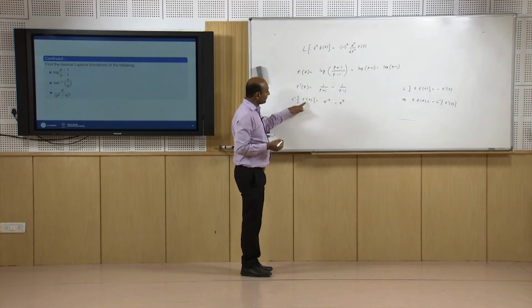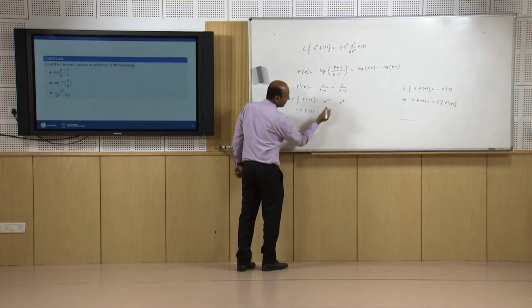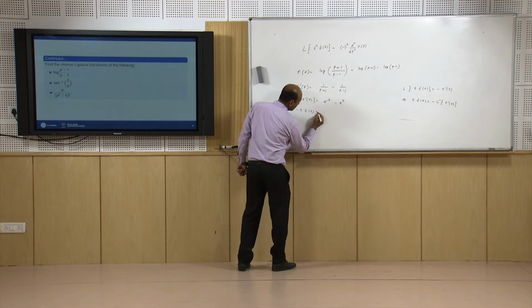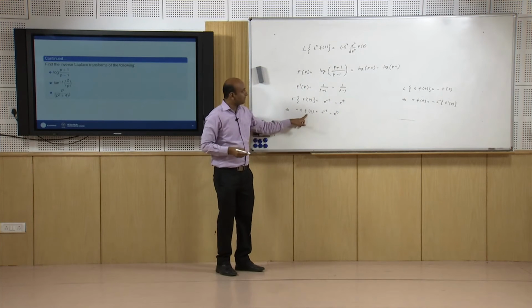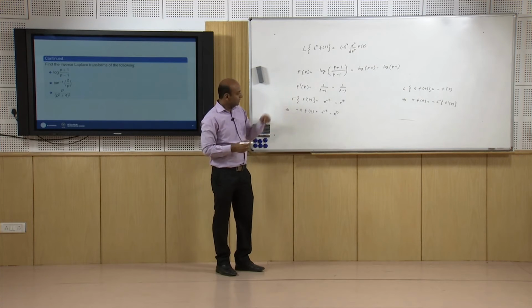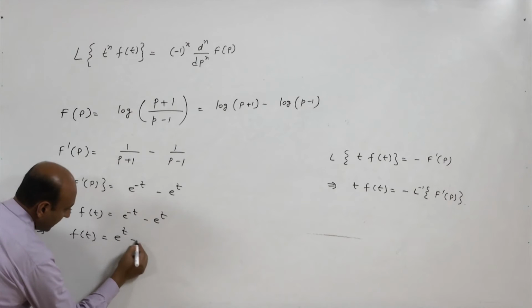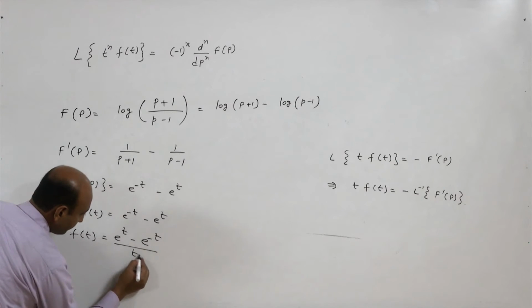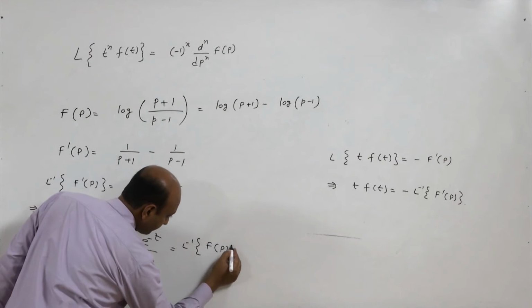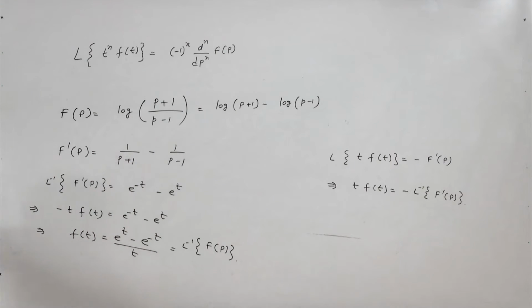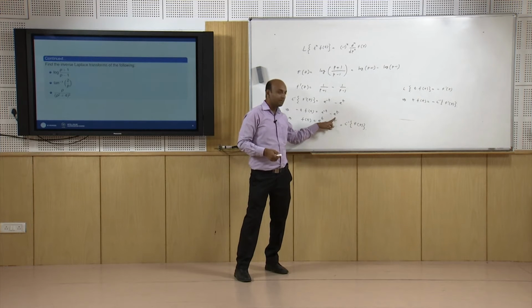So, the Laplace inverse of F dash p will be nothing but minus t f t, which from that expression is equal to e to the power minus t minus e to the power t, and this f t is nothing but the Laplace inverse of F p. So, therefore, this implies f t will be nothing but e to the power t minus e to the power minus t upon t, and this is nothing but the Laplace inverse of F p, and F p is this. So, hence the Laplace inverse of log of p plus 1 upon p minus 1 is e to the power t minus e to the power minus t by t.